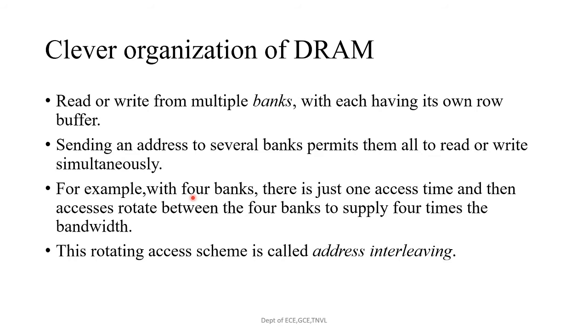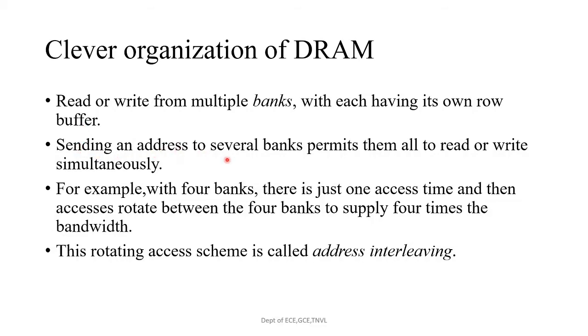So this is about the clever organization of DRAM. Why should the DRAM be organized as multiple banks, with so many columns and rows, and have a buffer? Coming to the first point, it reads or writes from multiple banks, each having its own row buffer. So every bank has its own row buffer.